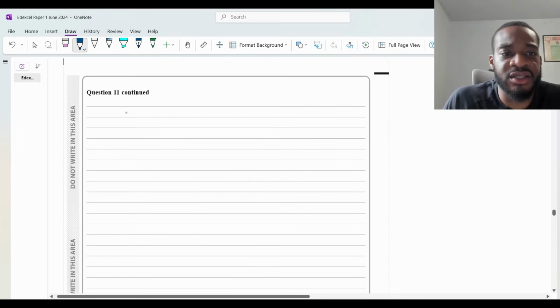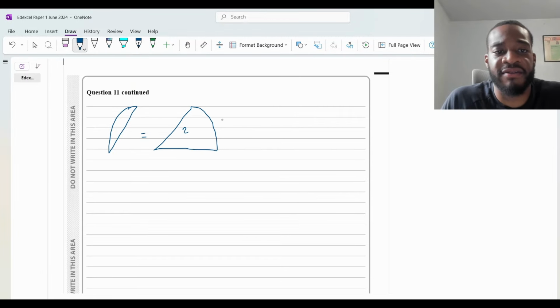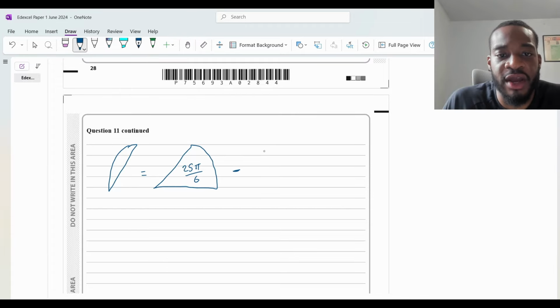So that little area there is going to be equal to the area of that sector, which we know is 25 pi over 6. And then we would take away the area of the triangle, like that.